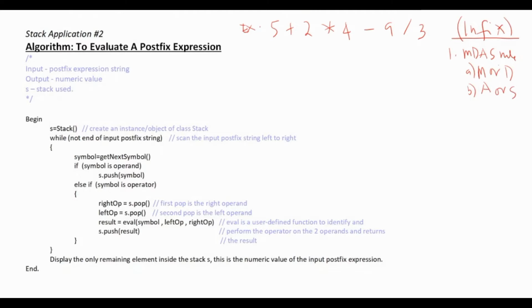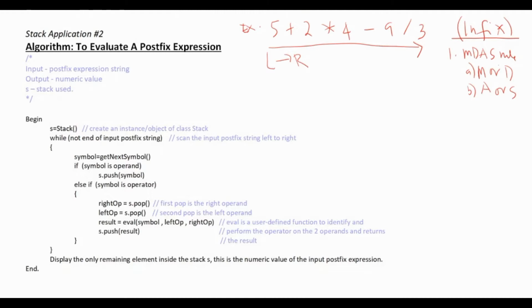So to evaluate an infix expression, we scan the arithmetic expression from left going right, and on our first scan, we perform all the multiplication and division, whichever comes first from left to right.